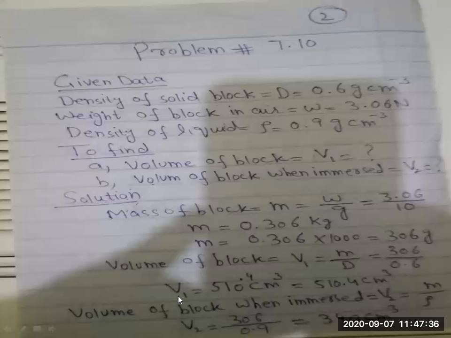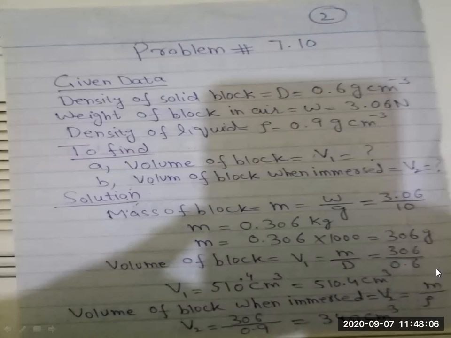The unit of volume is centimeter cube, which is the smaller unit, but the bigger, standard SI unit is meter cube. So V1 is equal to 510.4 centimeter cube. Again, the volume of the block when immersed, because these two things were required. First I found the volume of the block, next the volume of the block when dipped into the water, which I represented as V2.